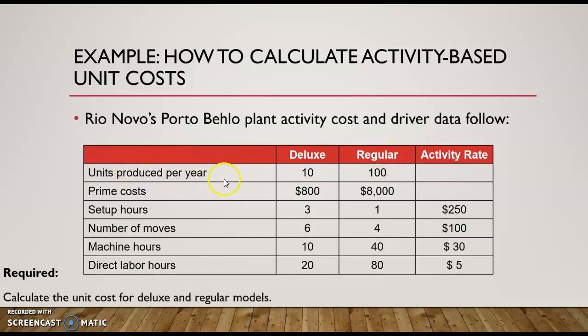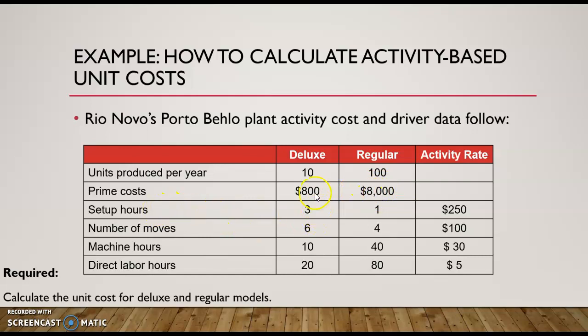Now, the deluxe, they only make 10 units of the deluxe per year, and they make 100 units of the regular per year. The prime cost, remember, the prime cost is our direct materials and our direct labor. So direct materials and direct labor for deluxe is 800. Direct materials, direct labor for regular is 8,000.